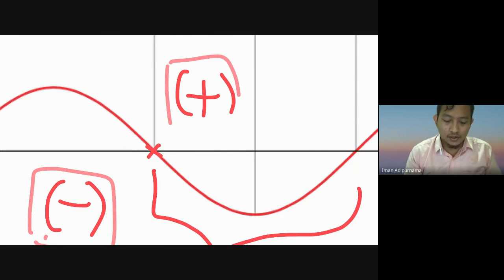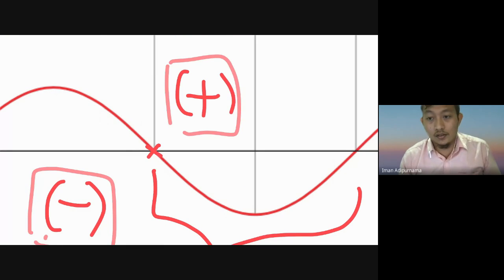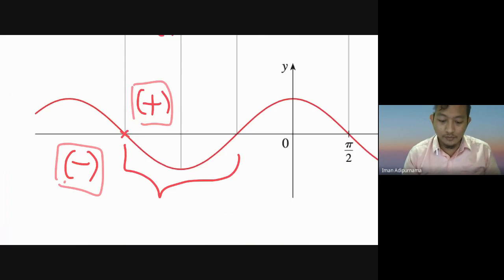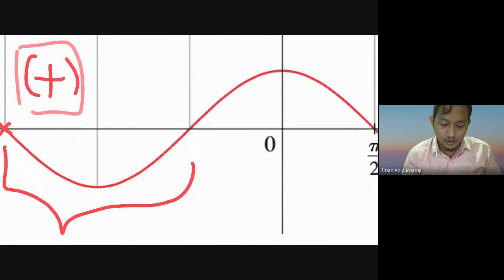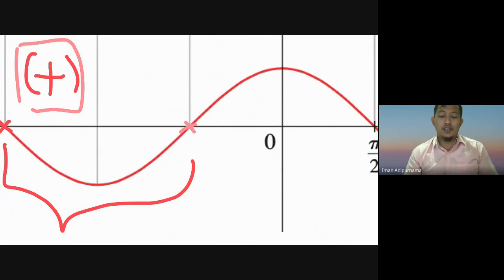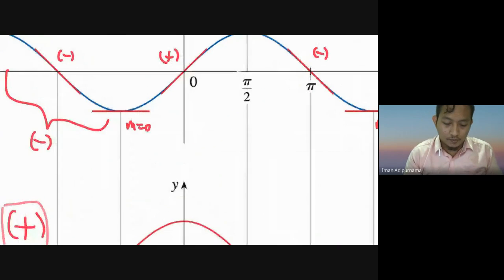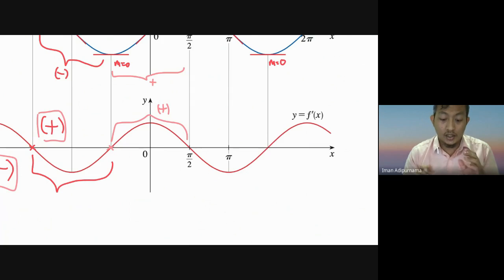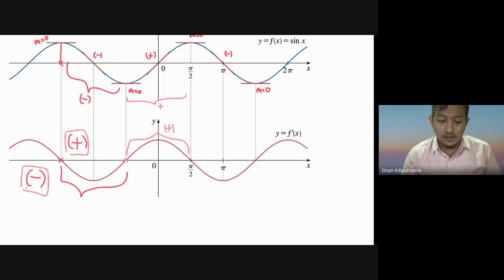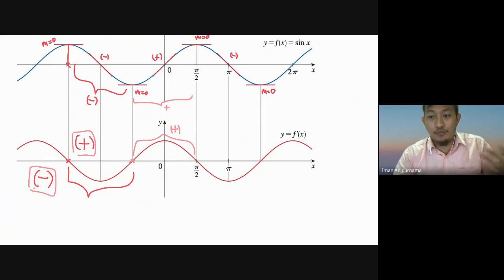And here is positive, the one on top of 0. And again, you look here, it's equal to 0, so it should be crossing 0 here, precisely that. And you get the positive here, so this is all positive. And you can see the rest of the cycle repeat and repeat. It's the same cycles as sine.